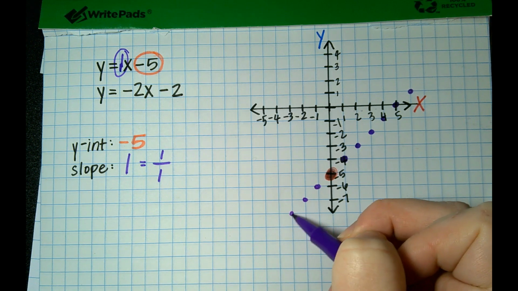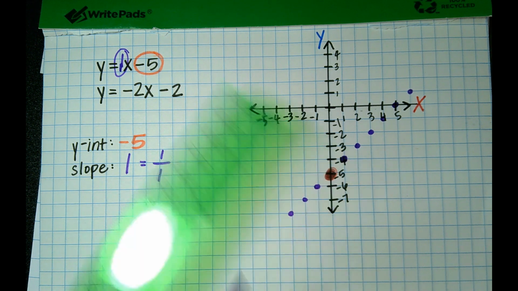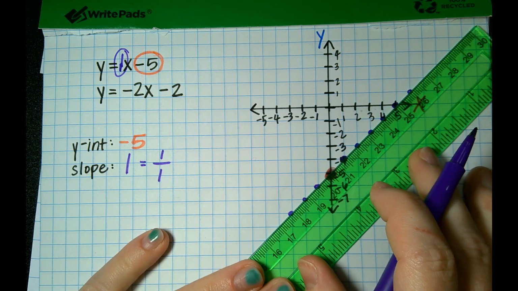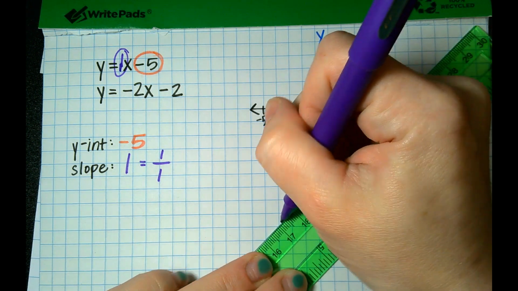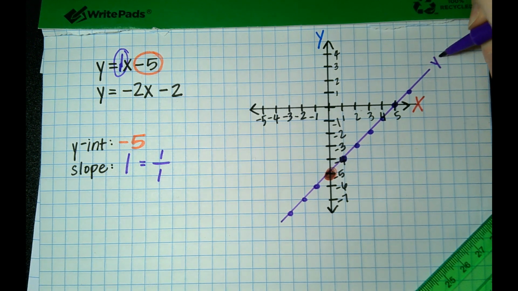So now I have tons of points. I'll know that my line is accurate. So I'm just going to trace over my points, and I have my first line. And this is my y equals x minus 5.